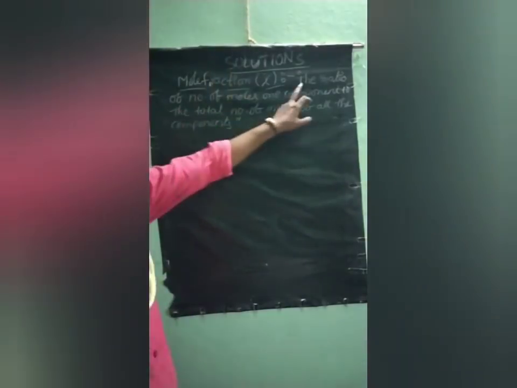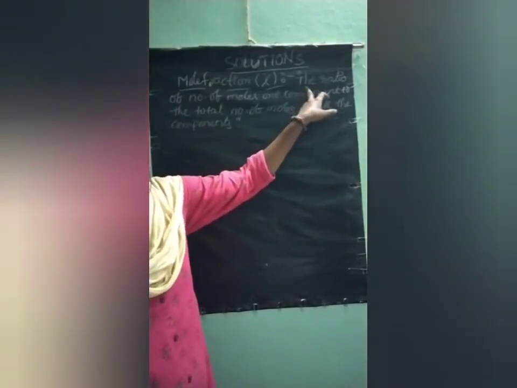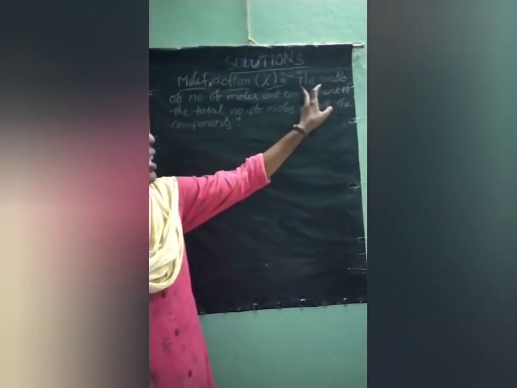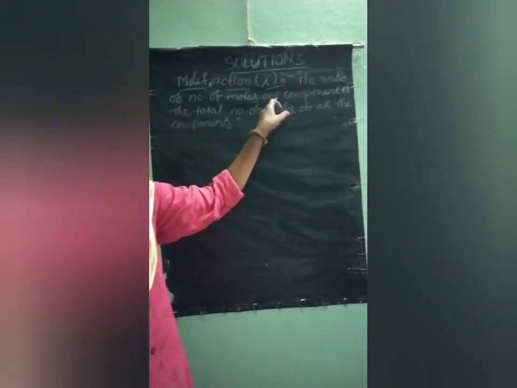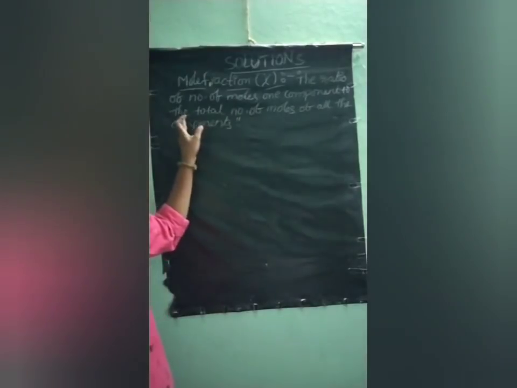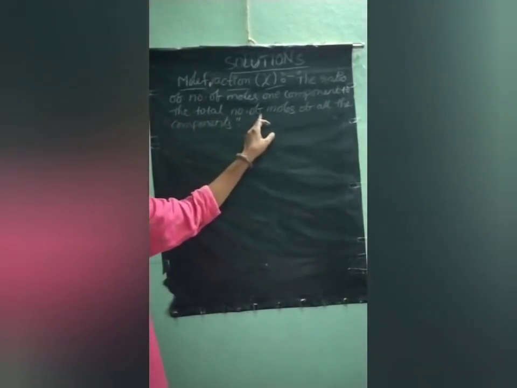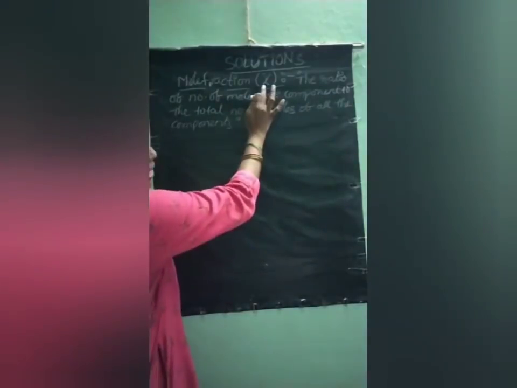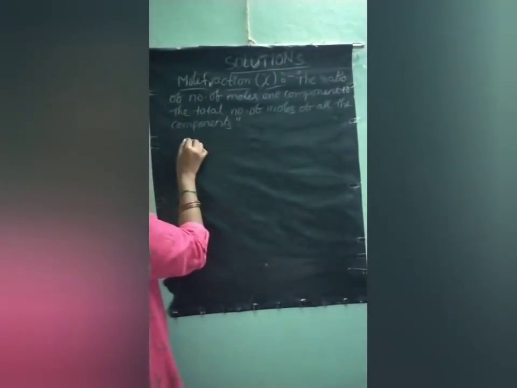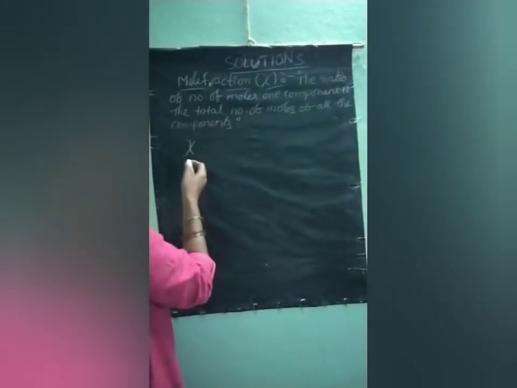So again I repeat, it is the ratio, so there are no units. The ratio of the number of moles of one component to the total number of moles of all the components is known as mole fraction. Mole fraction is denoted by the letter chi or psi or x. Simply write x.